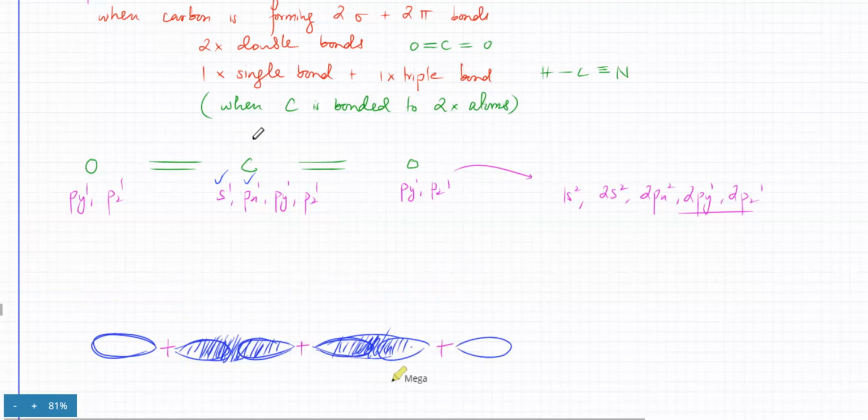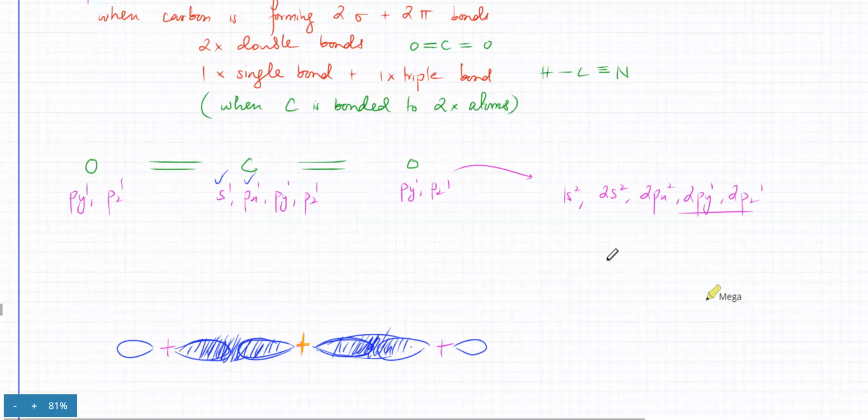In oxygen, these lobes are going to shrink. Why? Because the electron would now prefer to stay in this other part. So here's your carbon atom in the middle. One of the orbitals got stretched in one direction, the other one got stretched in the other direction.